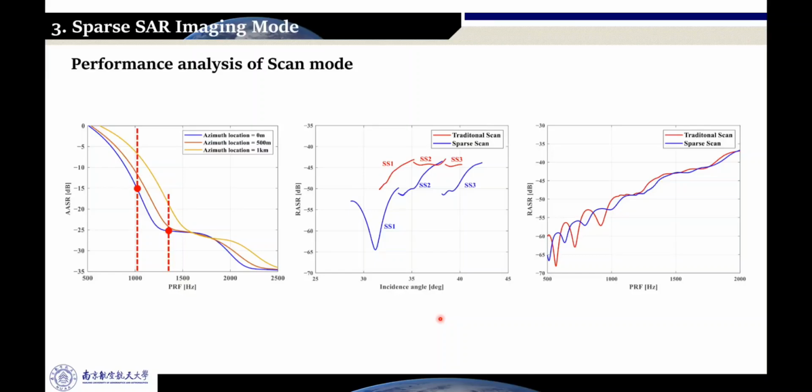It is seen that the ASR of each subswath of the sparse mode is lower than that of the traditional one. Then we will take SS1, for example, to analyze ASR. The relationship between ASR and PRF for SS1 is shown in the right figure. It is seen that in the sparse mode, the range ambiguity is suppressed.